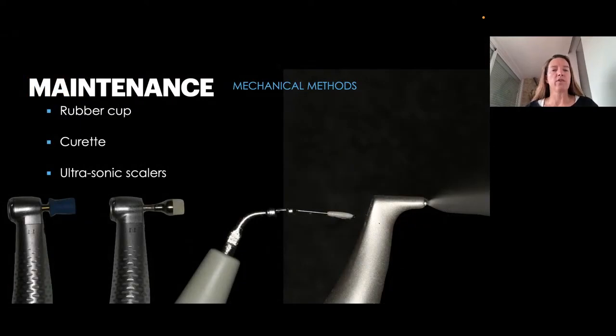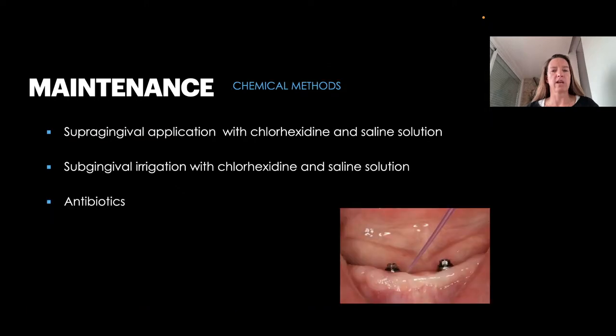In the maintenance for that, for the mechanical methods, we use the rubber cup, the curette, and the ultrasonic scalers. For chemical methods, we use supragingival application with chlorhexidine and saline solution, and subgingival irrigation with chlorhexidine and saline solution. Also, some antibiotics can be given in terms of chemical methods if we have, for example, a case of suppuration.